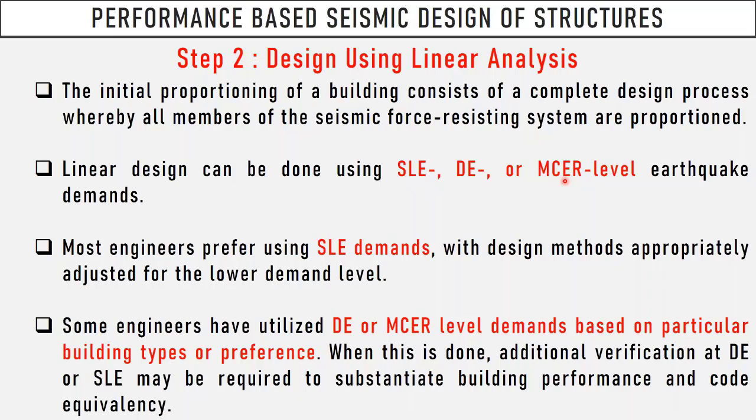It depends on your approach. But generally, what we do is we use the service level earthquake demands, and we make a kind of pyramid design. And some engineers may use, as I mentioned, design earthquake or risk targeted maximum critical earthquake. But again, this is a kind of approach.